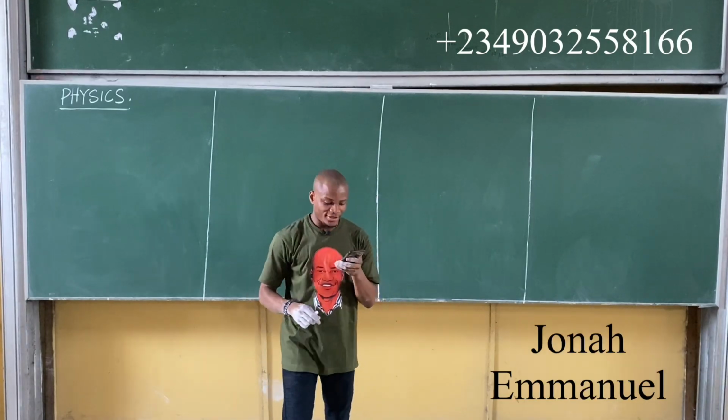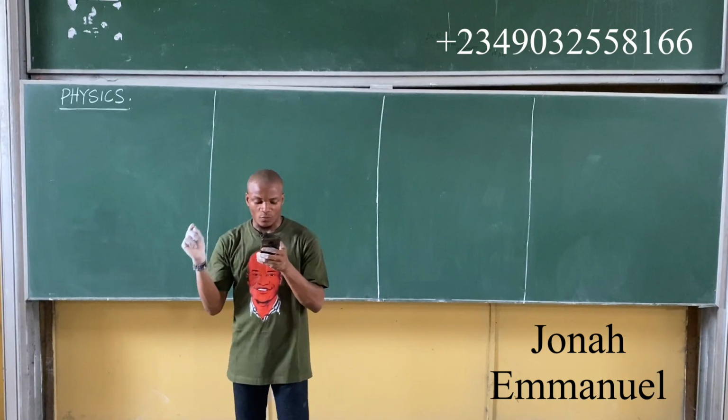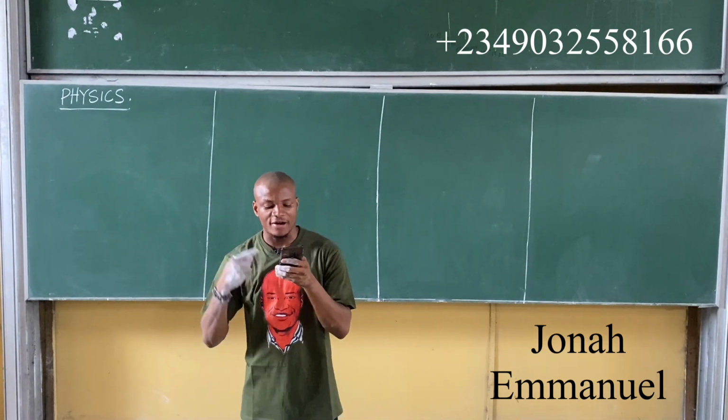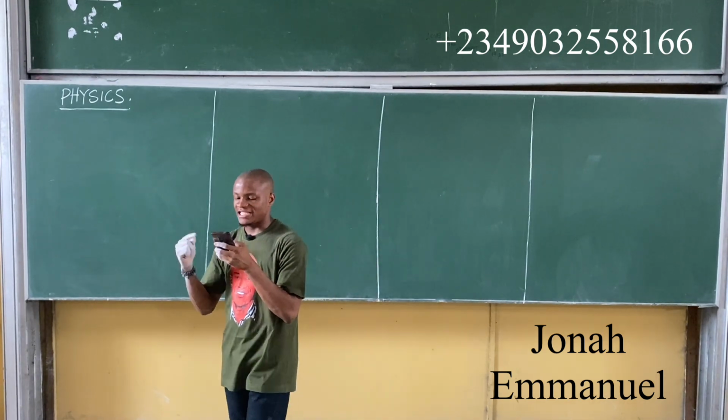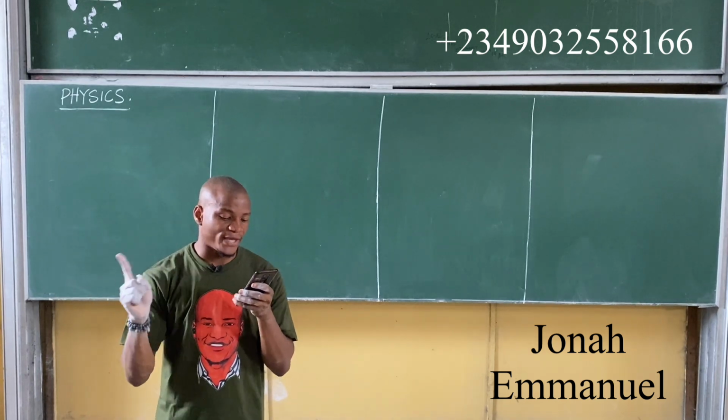So the lecturer says a wheel of 40 cm radius rotates on a stationary axle. It is sped up from rest to a speed of 900 rpm.